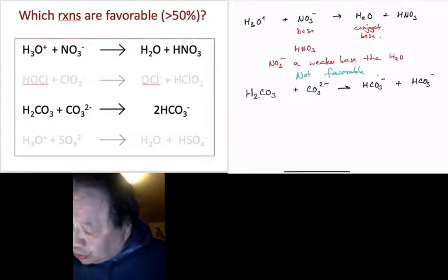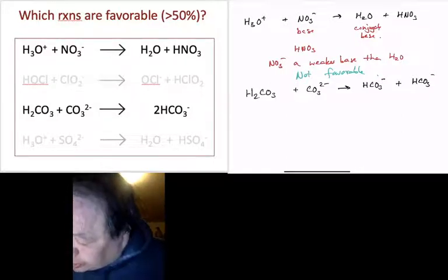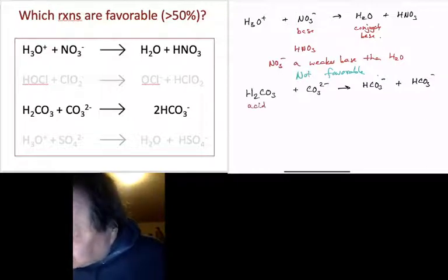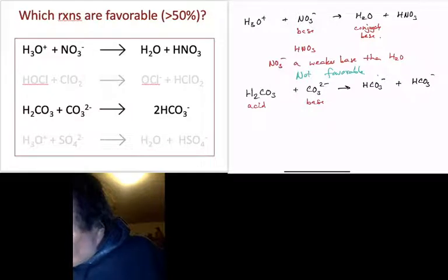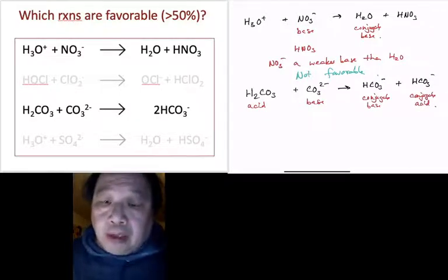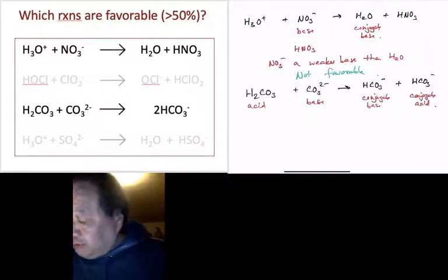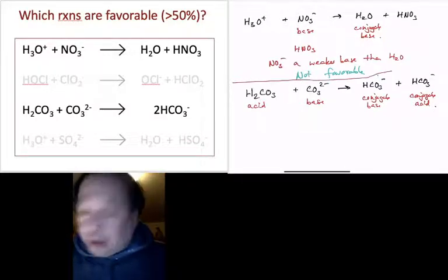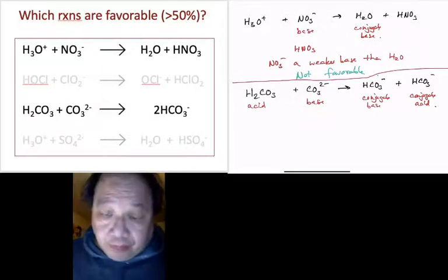And H2CO3 is the acid, CO3 2 minus is the base, and that means that one of these HCO3 minuses is the conjugate base, and the other HCO3 minus is the conjugate acid. And so think about, is this reaction favorable or not? Think about it and then write your answer. Favorable or not?